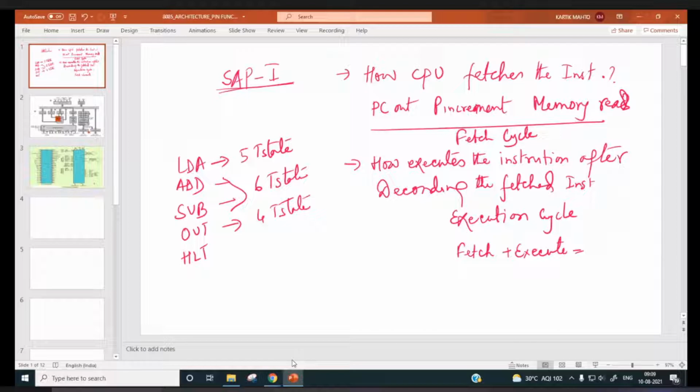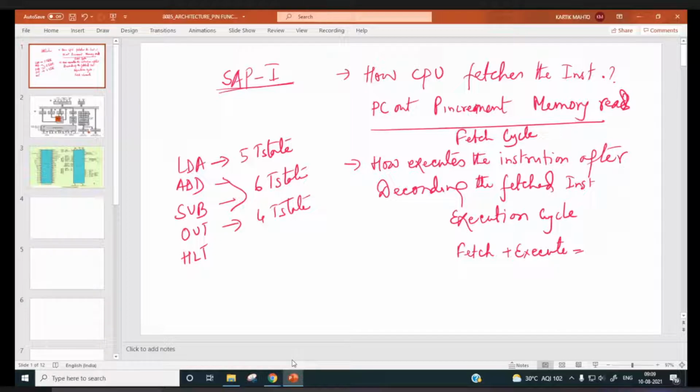During OUT, 2 T states are wasted. So to avoid these wasted states, the concept of variable machine cycle is there.